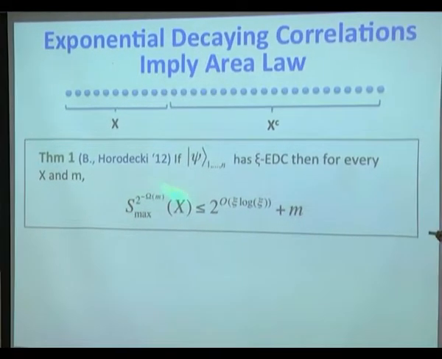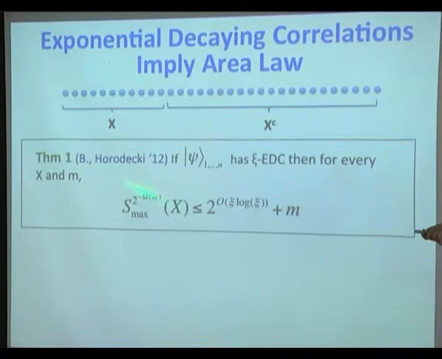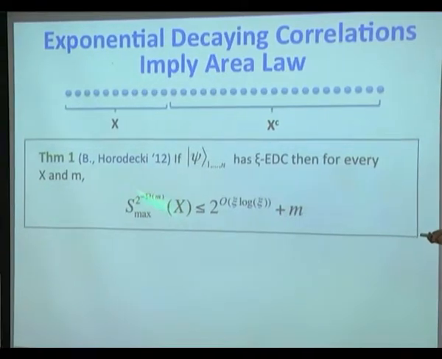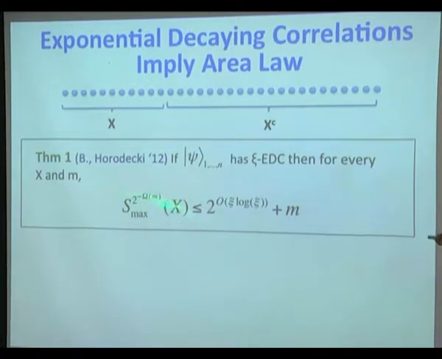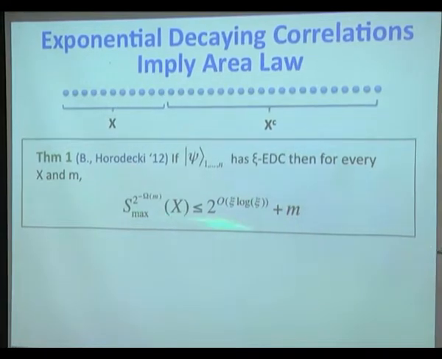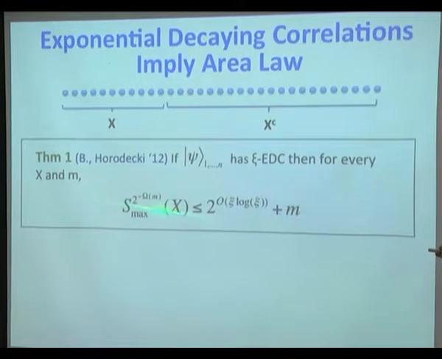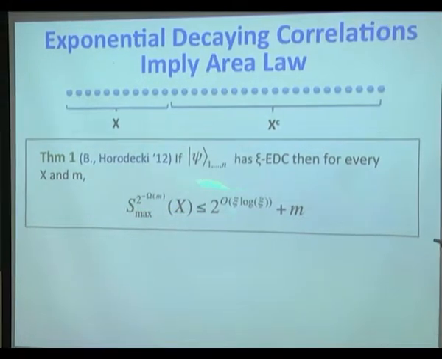Even for S max. So this is the error. If you want an error exponentially small in some parameter m, you pay a price of m here, okay? This omega is just some constant. The details don't matter. You can think just in terms of von Neumann entropy as well if you want, just with this error term.